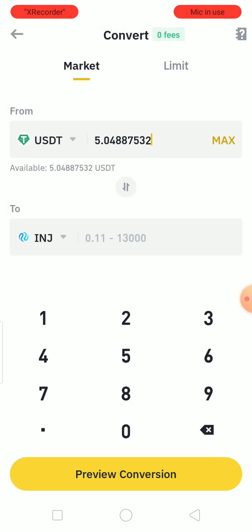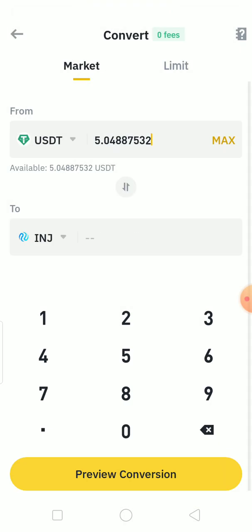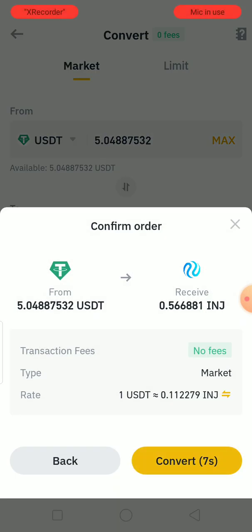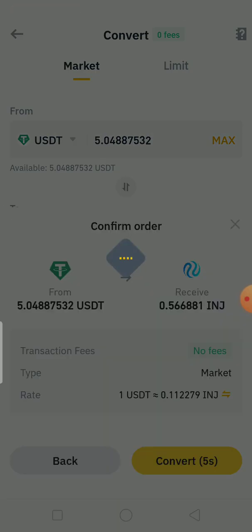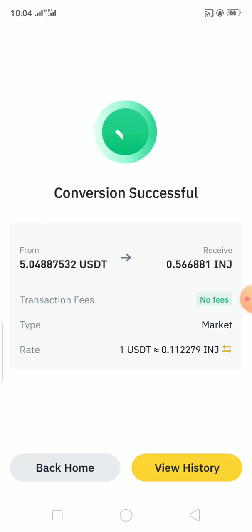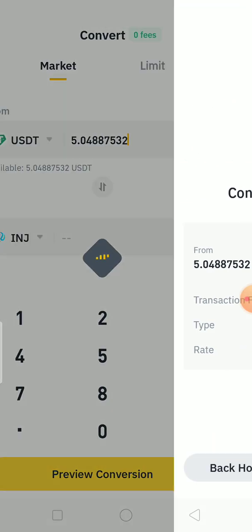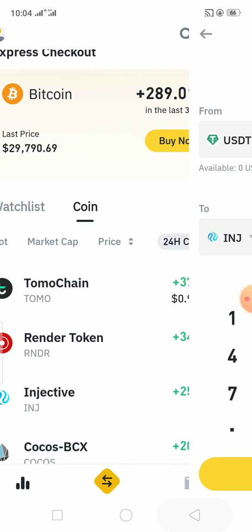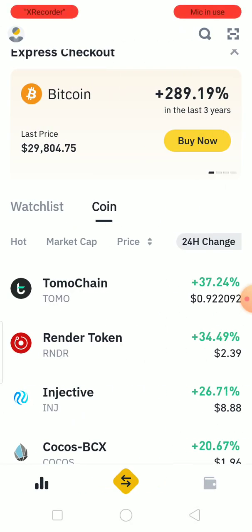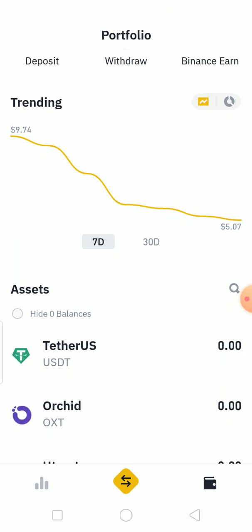This is Injective. We click on the max and review the conversion and buy. As you see, we have purchased another coin from USDT, and I can show you now.